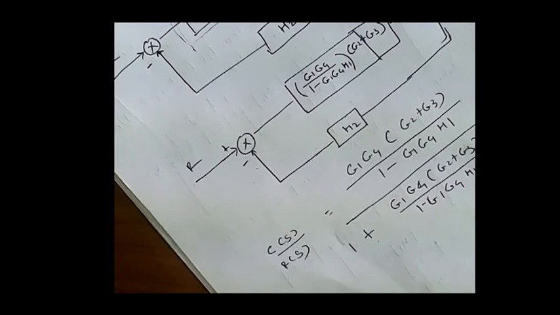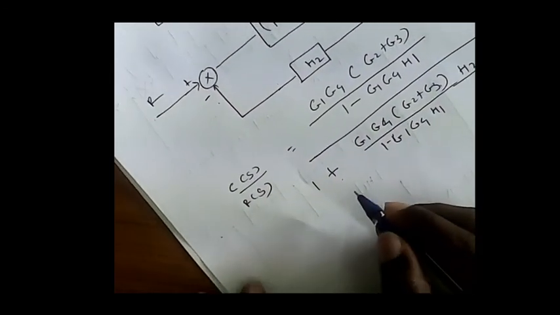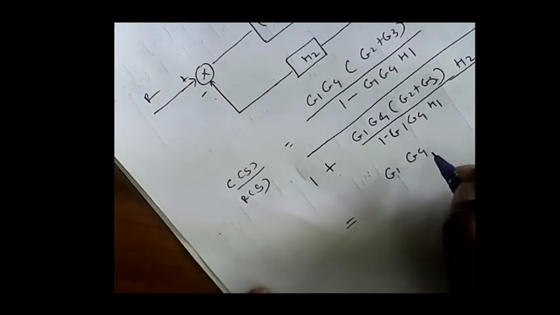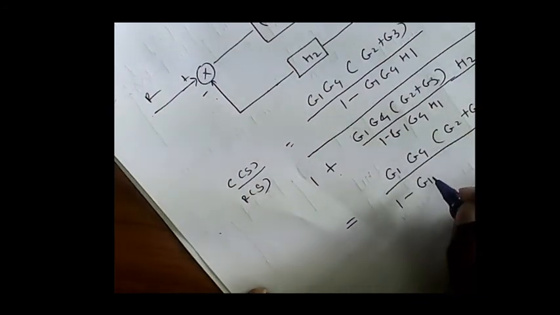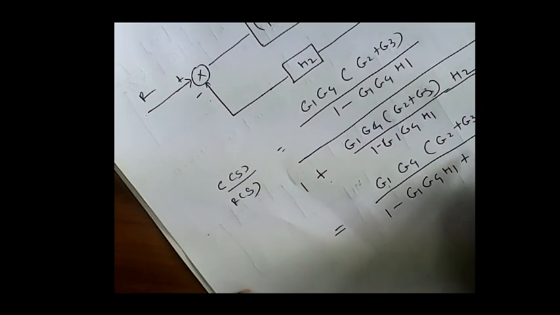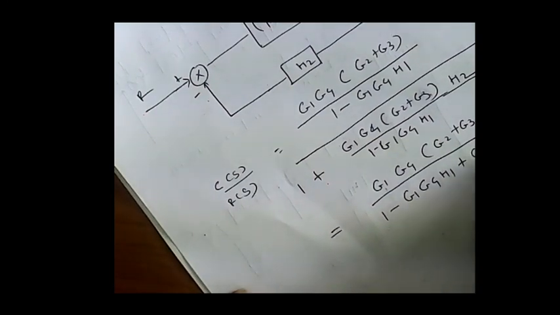So this is the transfer function equation. If we simplify further, we get G1 G4 into G2 plus G3 divided by 1 minus G1 G4 H1 plus G4 into G2 plus G3 into H2.